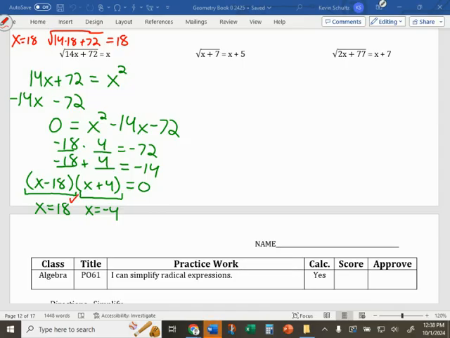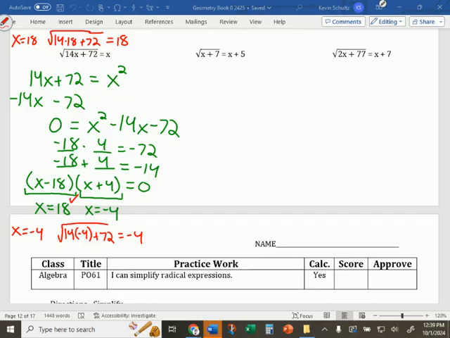Okay? If x equals negative 4, I'll do it down here. If x equals negative 4, we've got the square root of 14 times negative 4 plus 72 equals negative 4. What's 14 times negative 4? Negative 56.